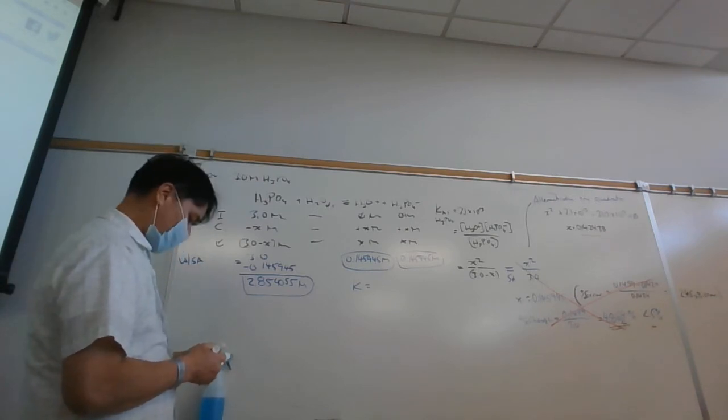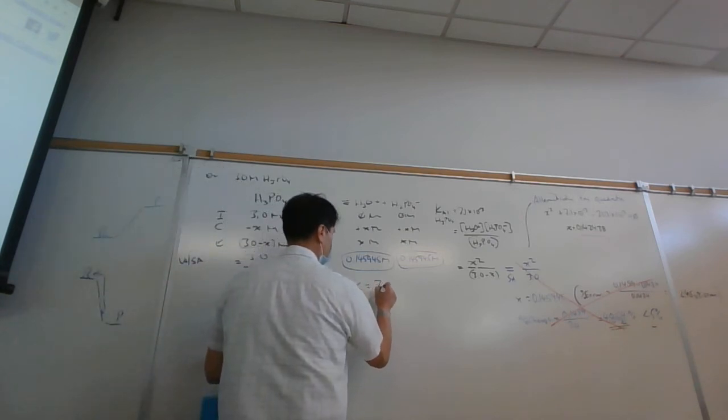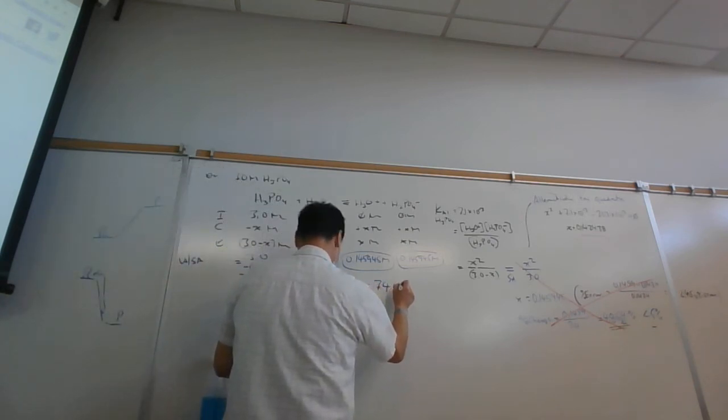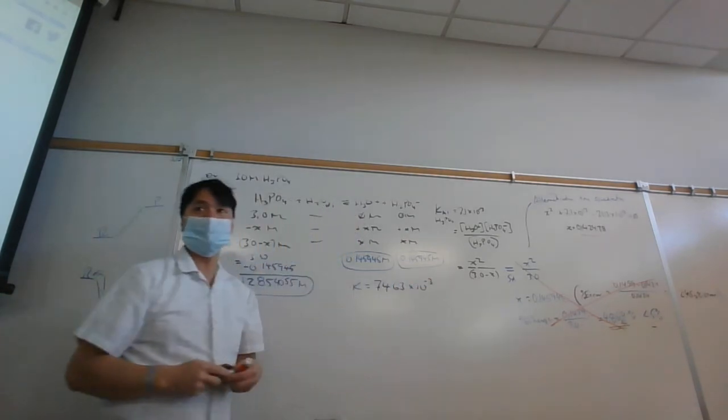And so I end up with a K value of 7.463 times 10 to the negative 3. Is that what you guys get?